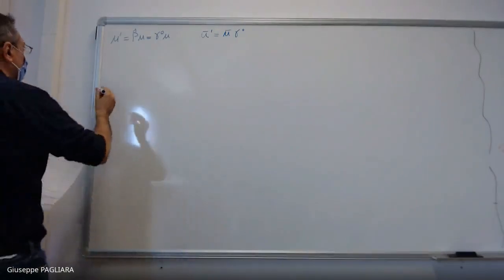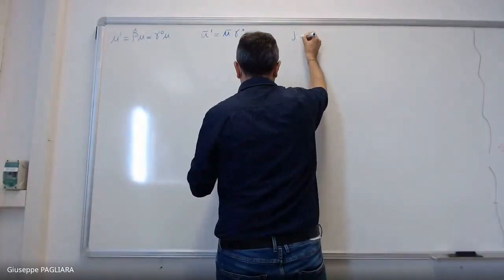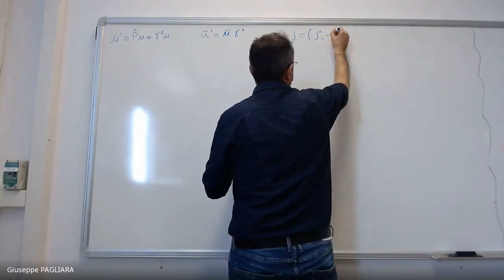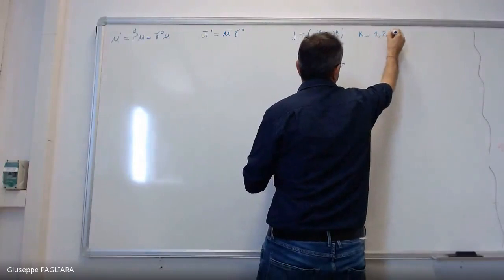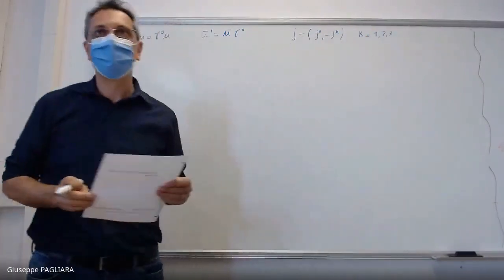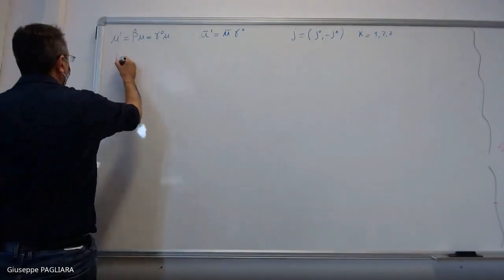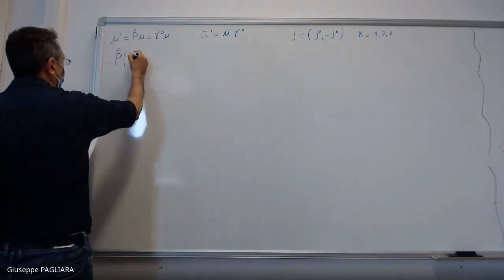Now, in general, the current is a 4-vector, so we can write it as J0 and then minus Jk with k equal to 1, 2, 3. Time component and spatial components. Okay, so let's apply the parity operator to the 0 component of a vector current.